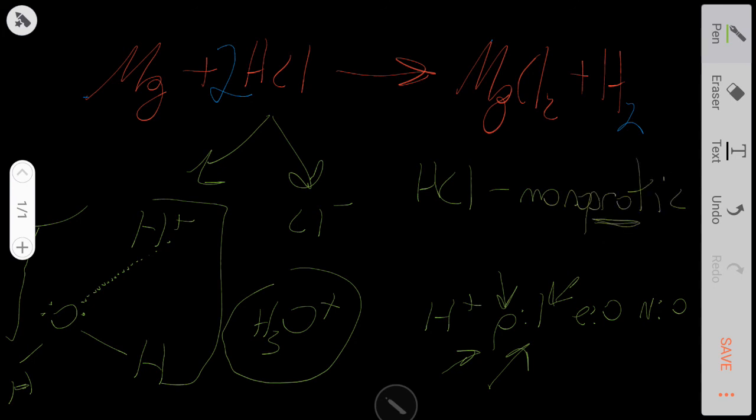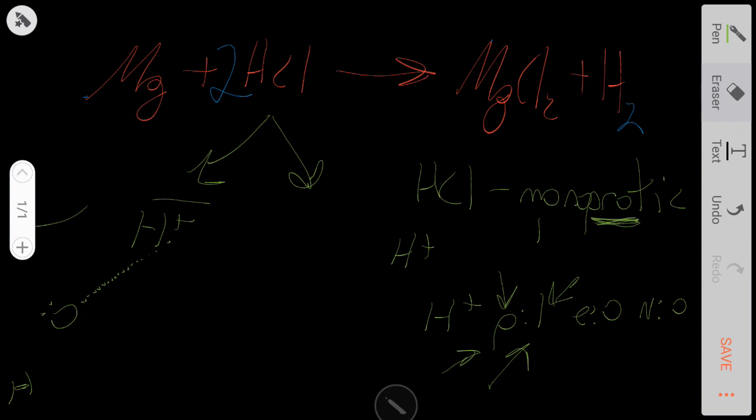This is referring to proton, and mono in Spanish is hand, but in this case it means 1. So this HCl is a monoprotic acid. It's going to give me 1 H plus. Cool? So how many hydronium ions can this make? 1. Let's give ourselves a little bit of space here.